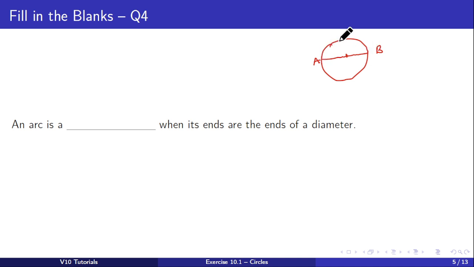And now you are looking at this arc ACB and the other arc ADB. Then these arcs are called semicircles because they are half circles. So this is one, and the remaining part is the lower half, right? So this is called a semicircle.